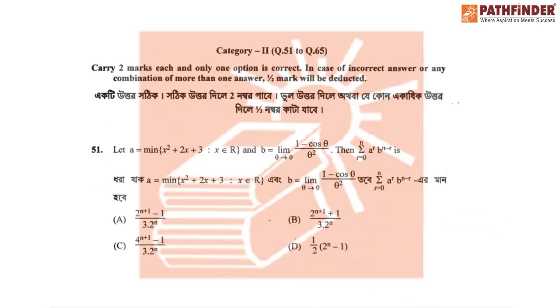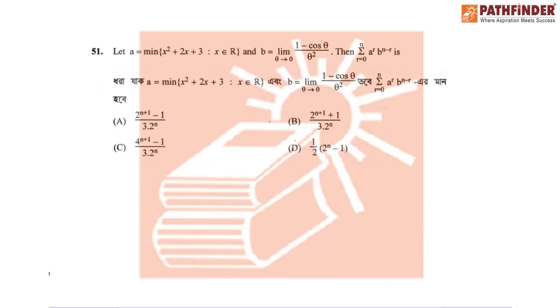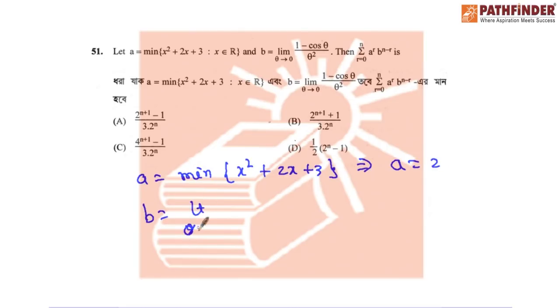Move to the next question, question number 51. Here A is equal to the minimum value of x square plus 2x plus 3, which is at x equal to minus 1, or A equal to 2. B is equal to limit theta tends to 0 of 1 minus cos theta by theta square, which will be equal to 1 by 2.